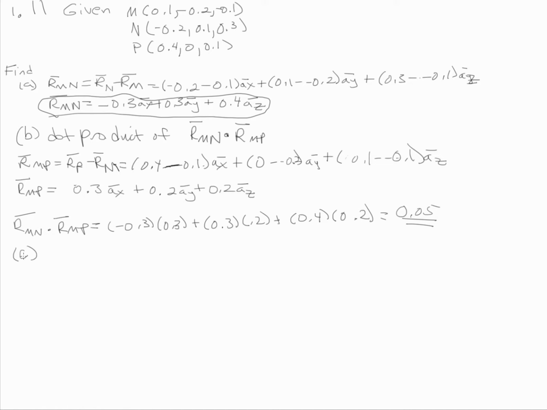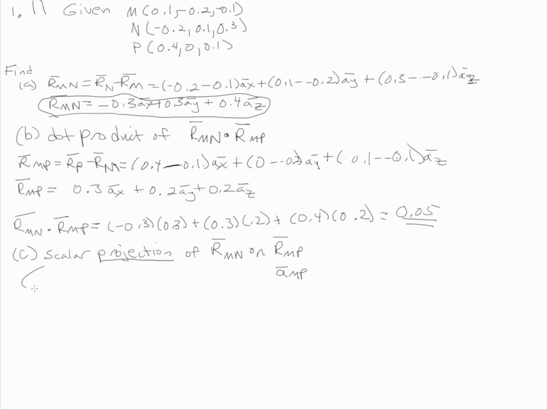Then part C, they want the scalar projection of R_MN on R_MP. So they don't want the dot product, they want the scalar projection. So that means we need to figure out what the unit vector for R_MP is.